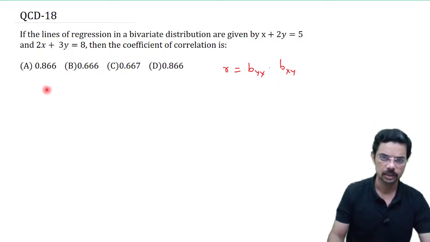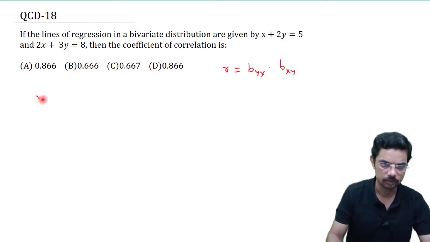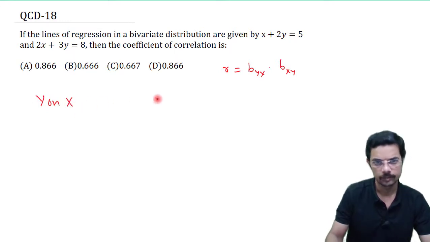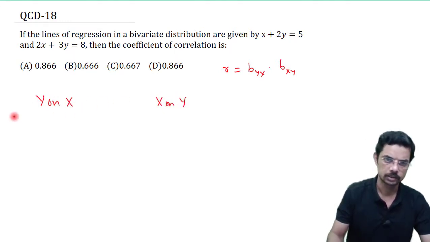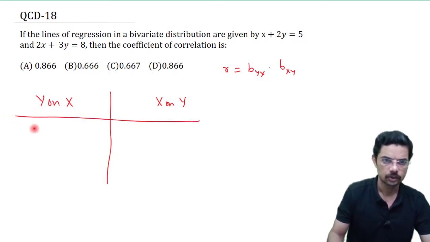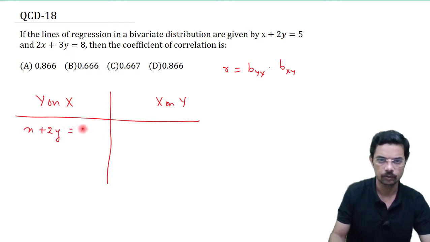Let us suppose that the first one is the regression equation of y on x, and the second is x on y. Let us distinguish these two. The first equation is x plus 2y equal to 5.